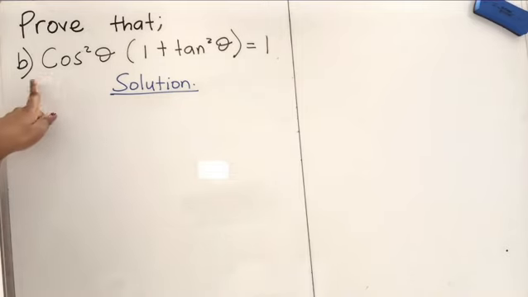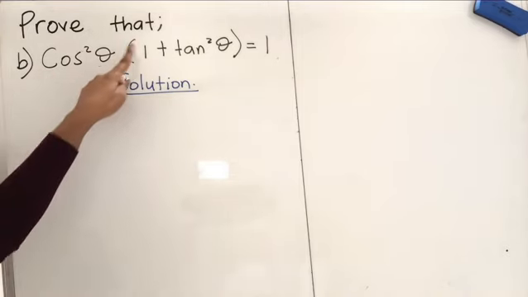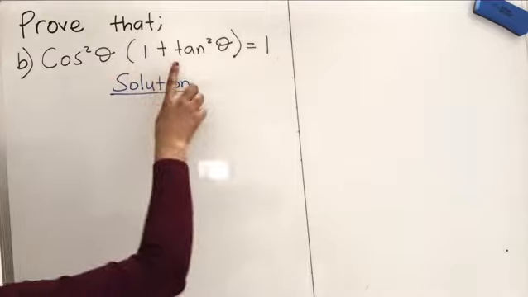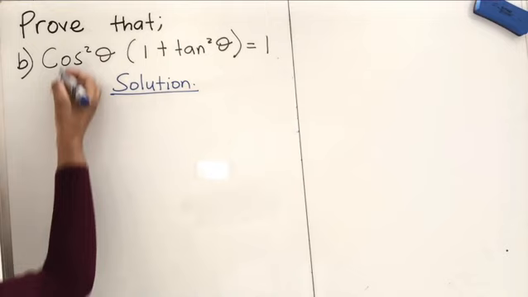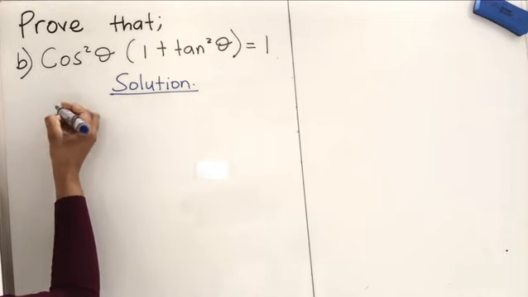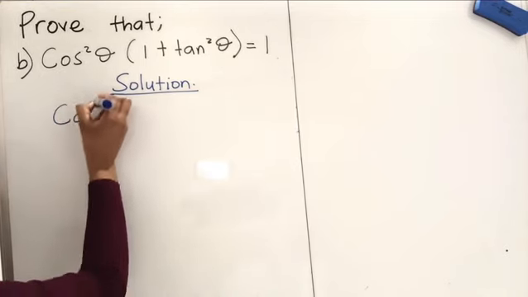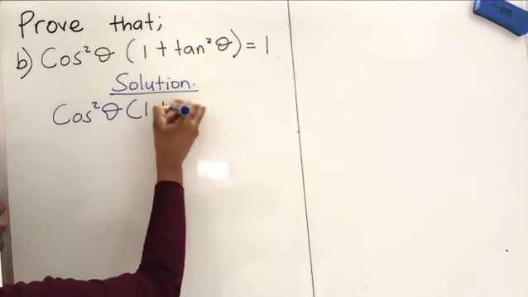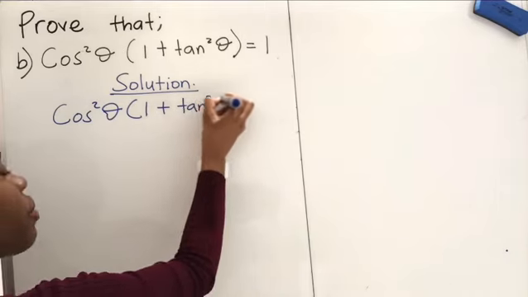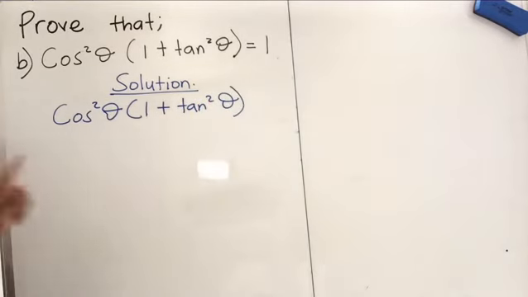Next, we are going to prove that cos squared theta into 1 plus tan squared theta is equal to 1. So I will have our left hand side, cos squared theta into 1 plus tan squared theta. Now let us first look at what is in the brackets.